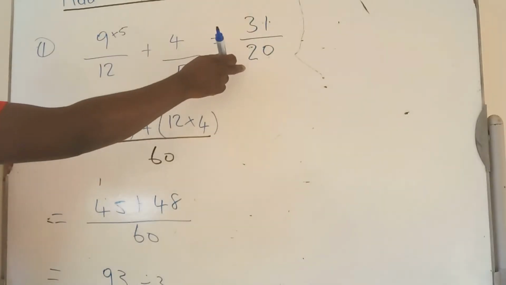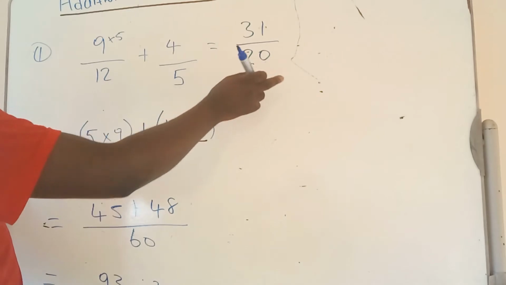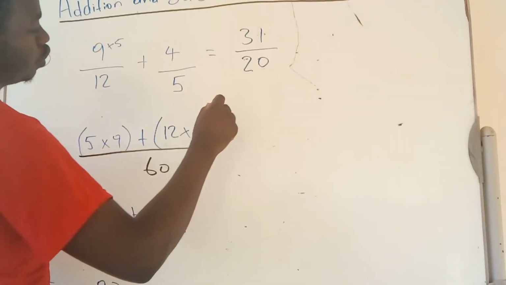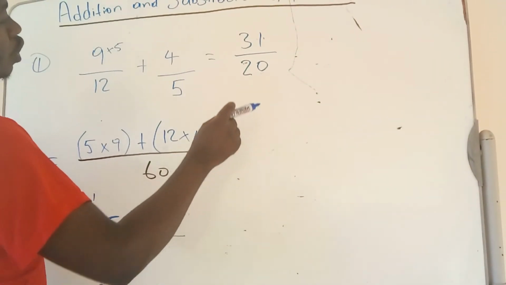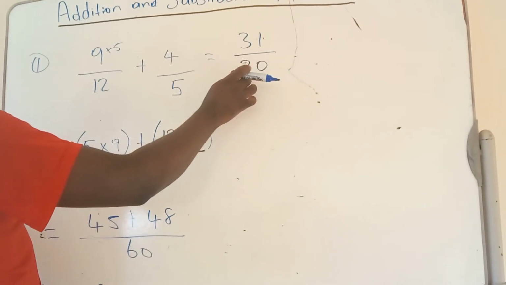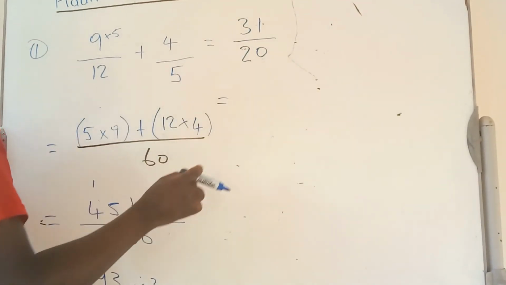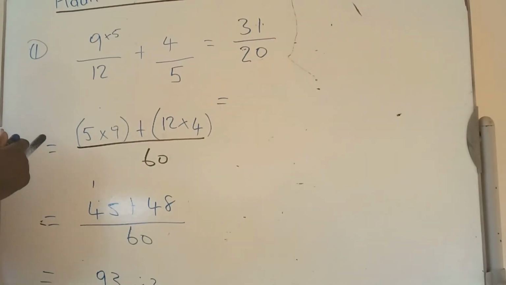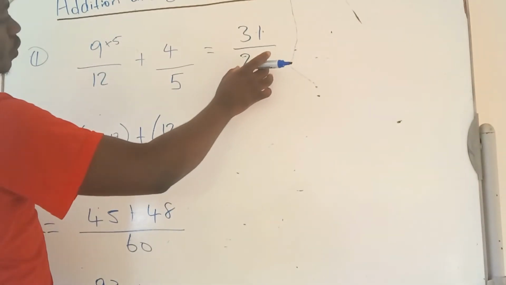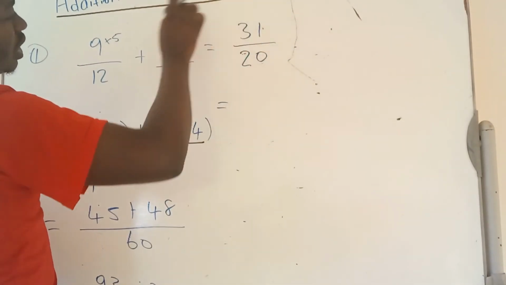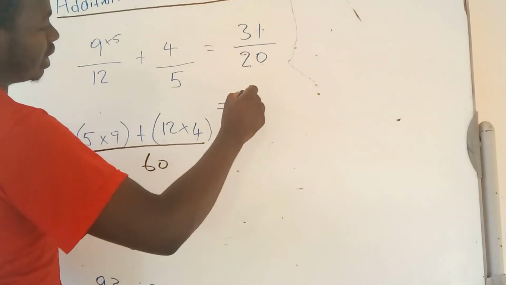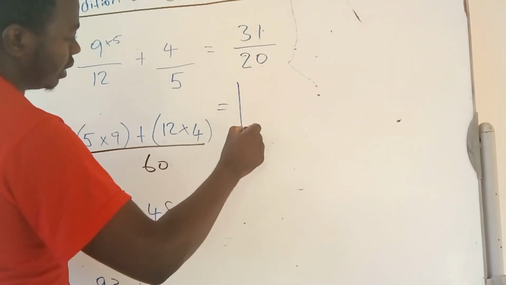Now this answer can further be reduced to a mixed number, and this is how you do it. Now there's no other number that can divide 20 and 31 without leaving a remainder. So you're going to see how many groups of 20 can you get out of 31, and the answer is 1.